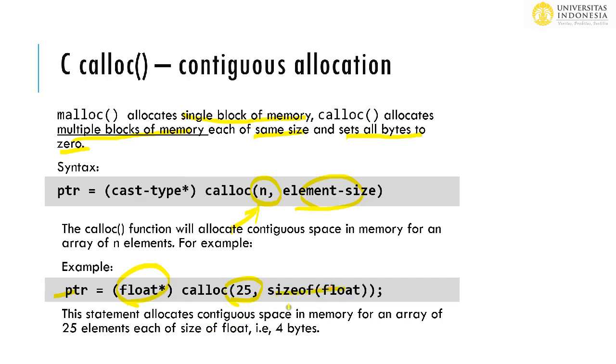It depends on each compiler or operating system; it can be 4 bytes or maybe a different size. In this case it's like you just define an array with 25 elements of float size, and then you can allocate it in memory before the program is processed.